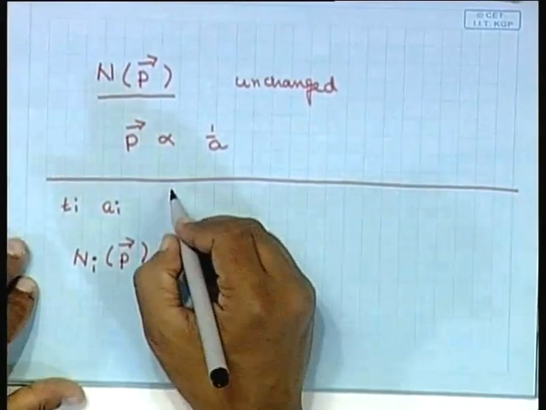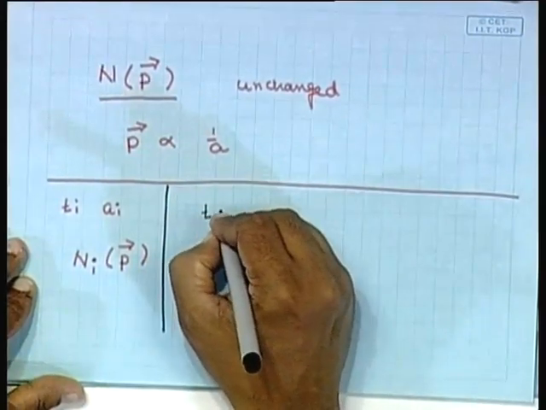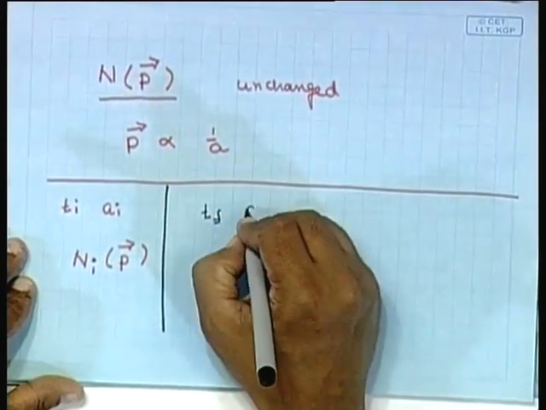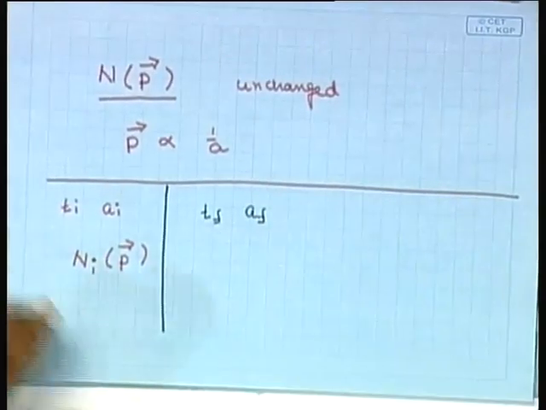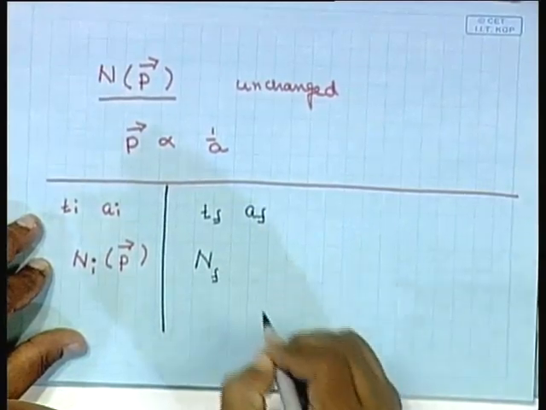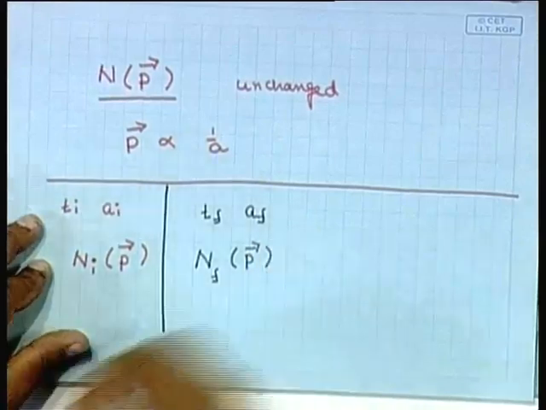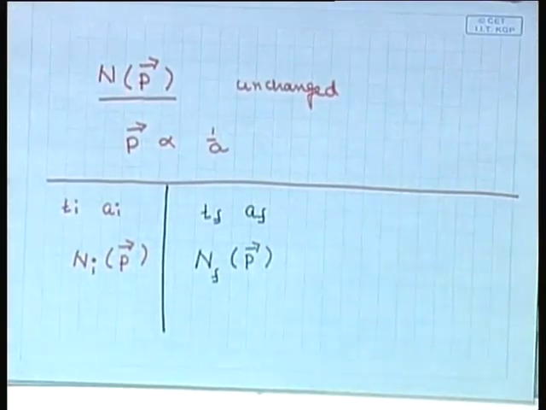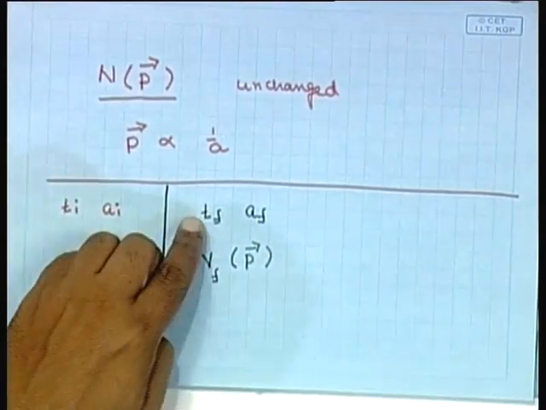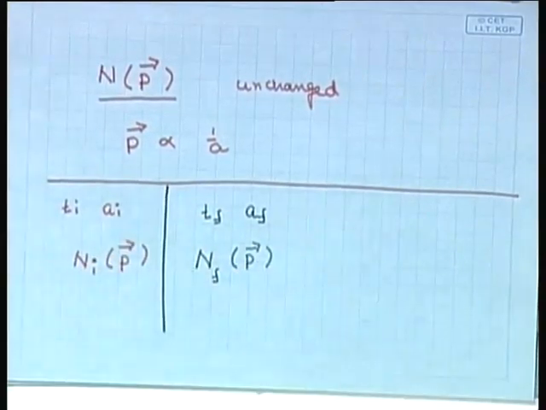Now, the question that we are asking is, at a later time t_f, where the scale factor has a value a_f, what is the final distribution function? At some final time, the final time could succeed or even precede the initial time, it does not matter.